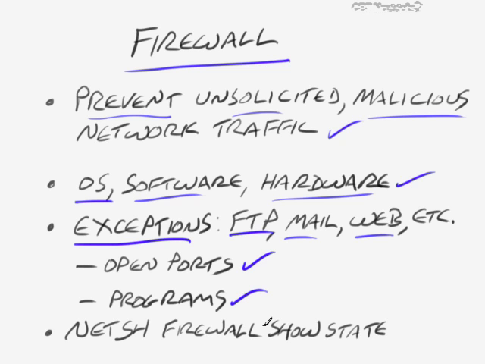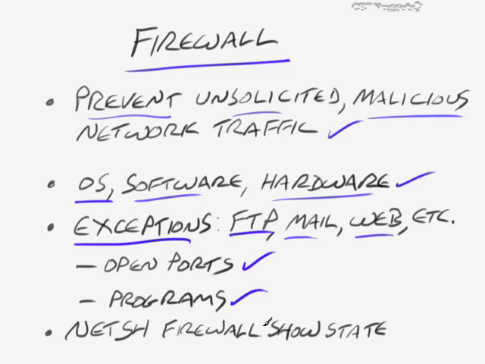It doesn't open up programs. It's just that Microsoft's operating systems know about certain programs, and it knows that those programs or those services always use a specific port. So if you say, I want to allow XYZ program, it's already pre-configured in the Windows Firewall to open up just exactly the ports that you need.